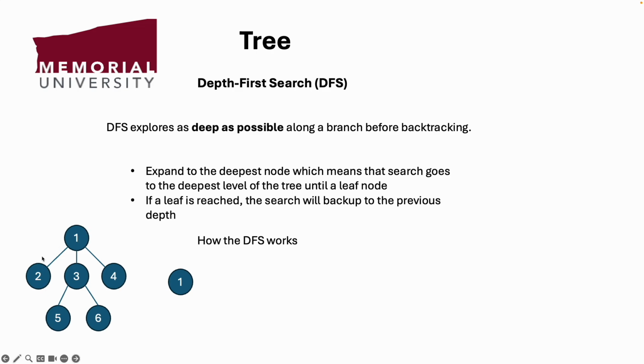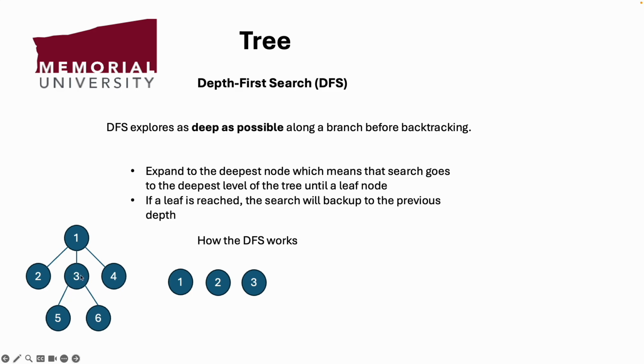The first visit is 2, right? So far, 2 has no children, so this level for 2 is the deepest. And then it goes back to the previous level and finds node 3, and can continue to a deeper level.